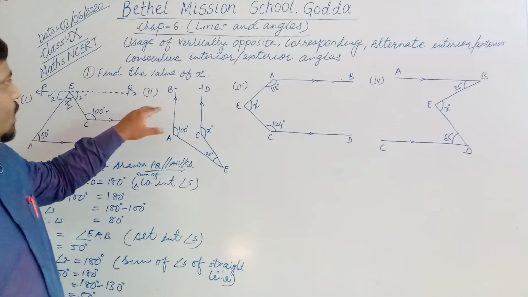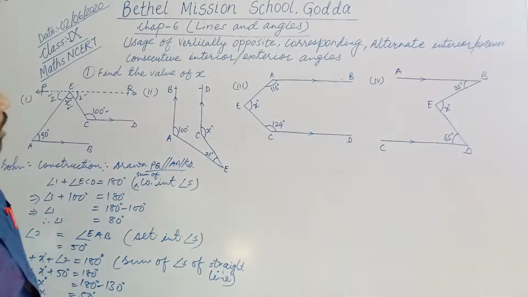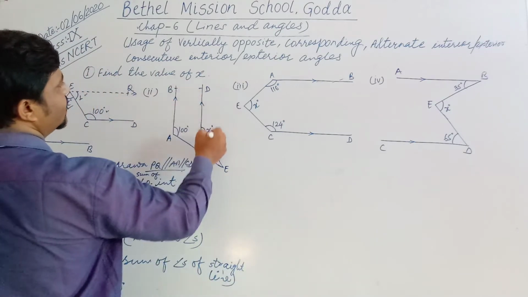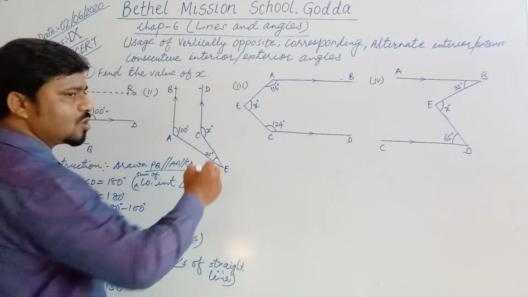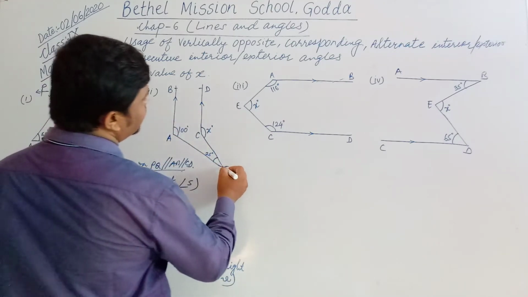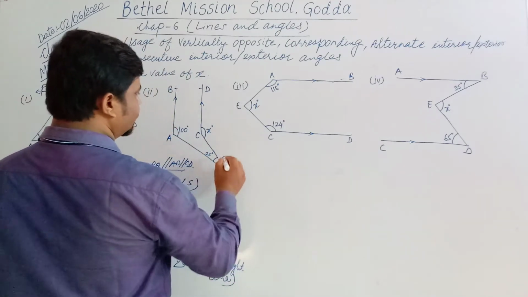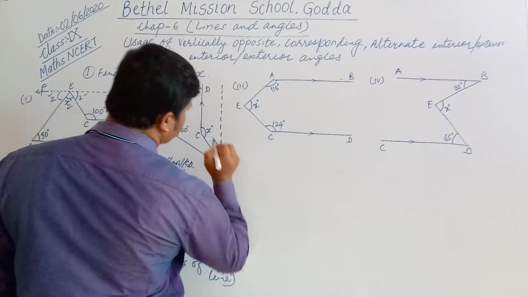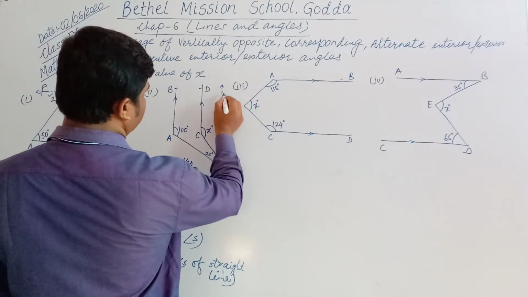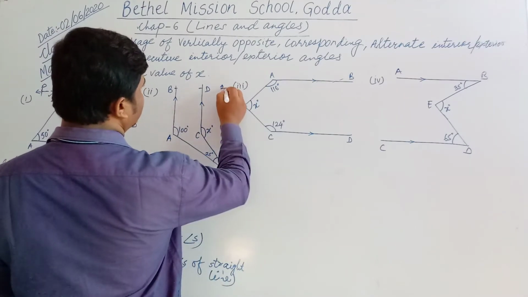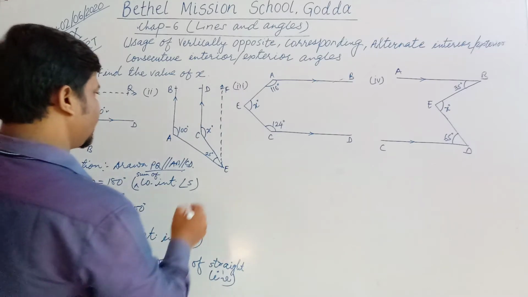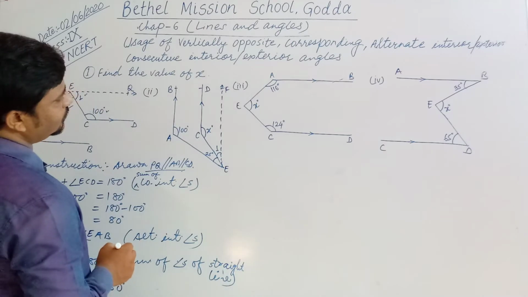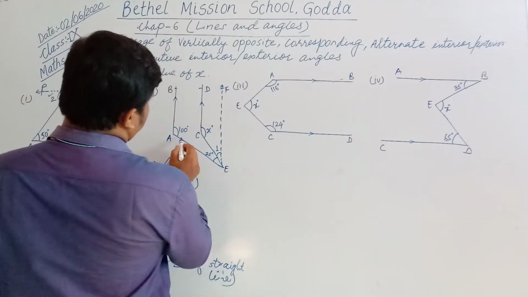Similarly, question number 2 we will solve. So there is also a construction. You see the parallel lines are AB and CD. Parallel to these lines we have to draw another line from the point E. When you draw this, you can name it E and F, and this angle you can name 1.